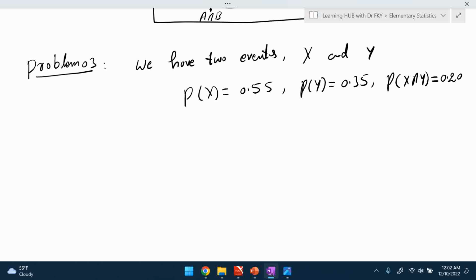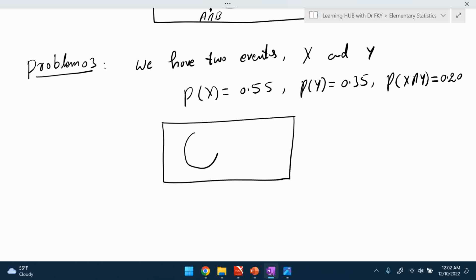So by definition, I can draw a rectangle for the sample space, and then I can draw the two events by drawing circles. This is event X, and now event Y. But remember that there should be a common point, because the probability of X intersection Y is 0.20.